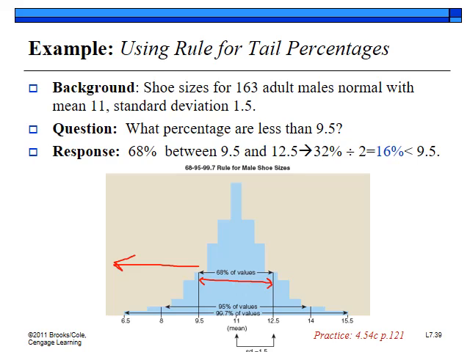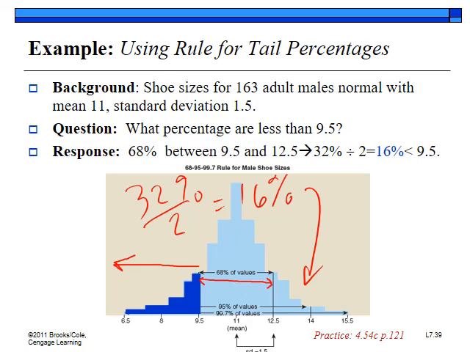Well, if 68% is in between those, that leaves 32% elsewhere. Since the tails are symmetric, that means the tails have the same size, half of that 32, which is 16%, will fall to the left of 9.5. We could also say that 16% falls to the right of 12.5.